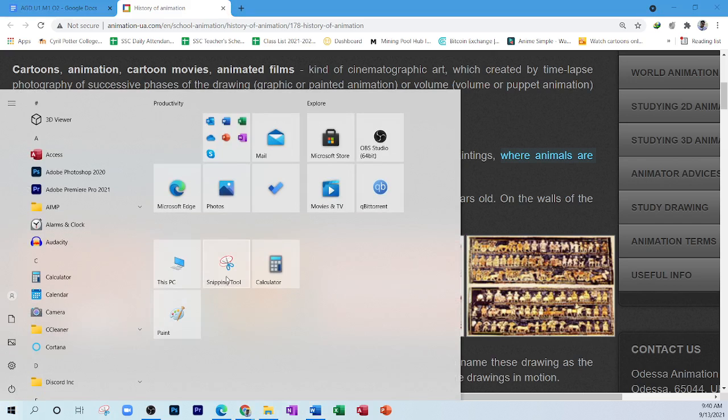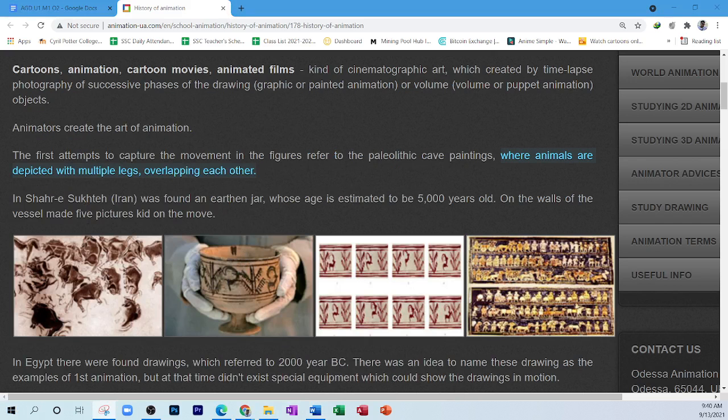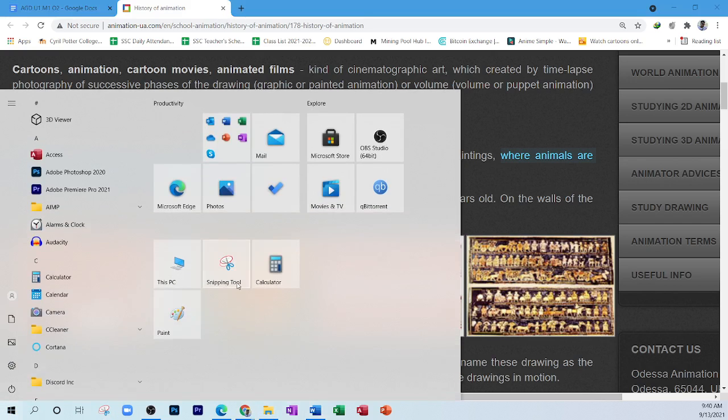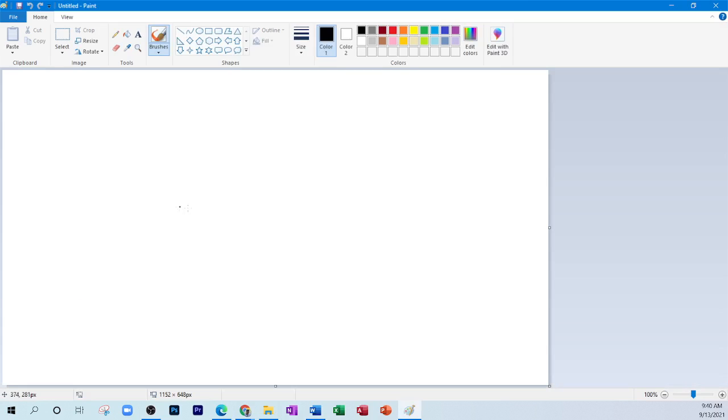So if you were to actually draw that, wrong software, Paint. So if you were to draw that, how would you draw? So there's the head, there's the back, there's the body.